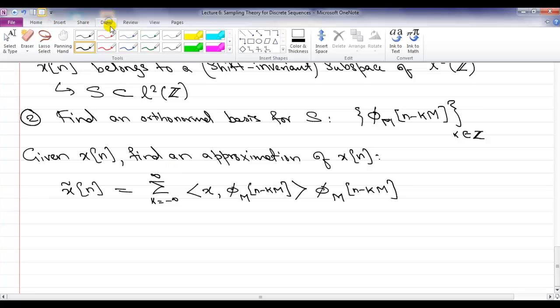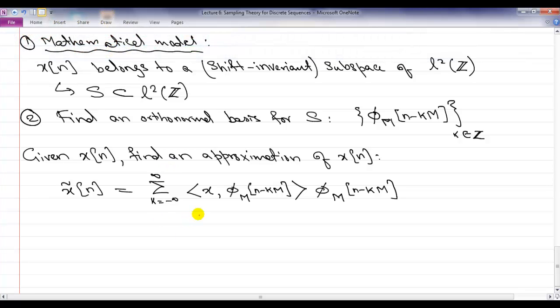Just going back to the same thing that we have been doing, these inner products, we will call them samples. So these are our samples of the discrete sequence. These samples, I'm going to denote by x tilde d of n.